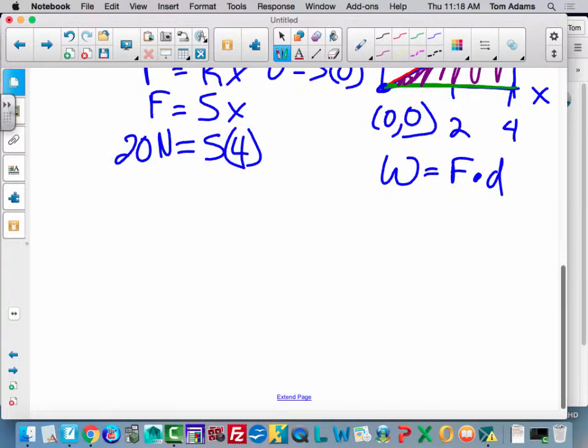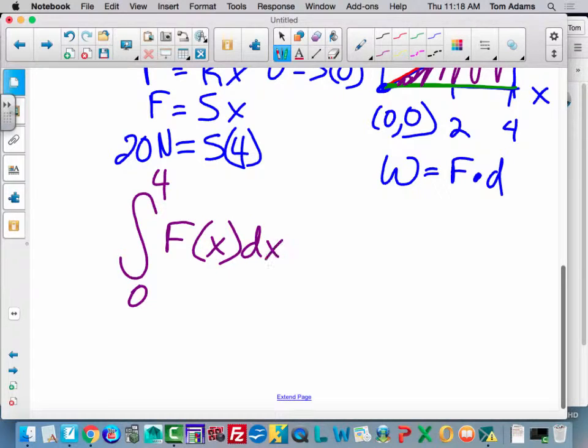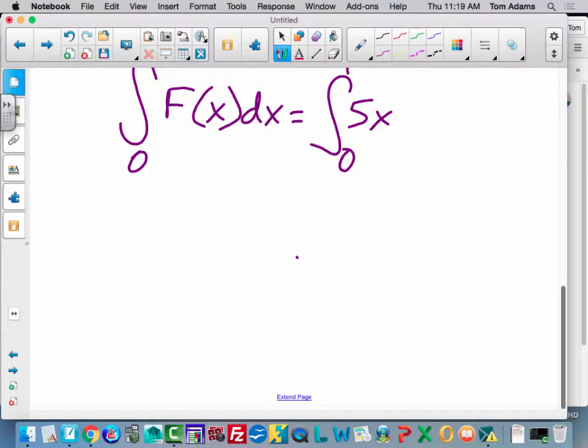So to find the area under the curve, where are we starting from? 0. The question is worded very specifically, how much work needs to be done to slide it to 4, and we can assume we're starting at 0. We know that this function is the integral from 0 to 4 of 5x. That's not that hard to do. That would be 5x squared all over 2, evaluated from 0 to 4.